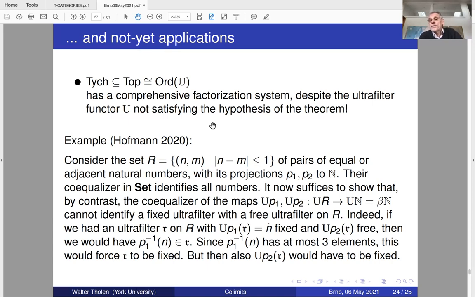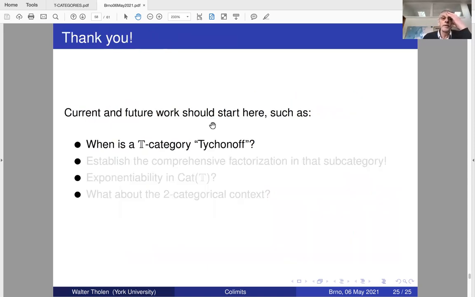Well, then also the other projection would send it to a fixed one. So the equivalence relation generated here cannot be trivial. So that's a disappointment, but we are working on it.